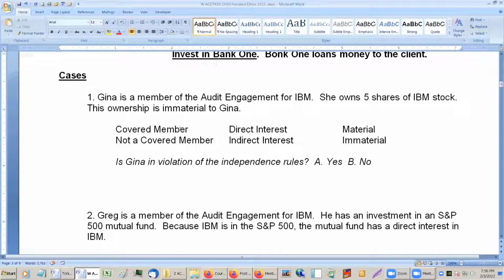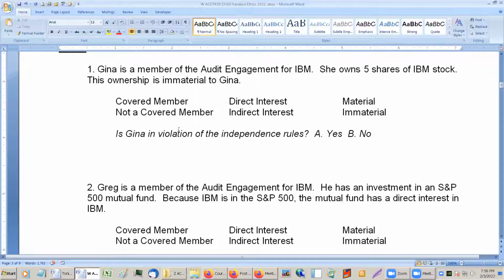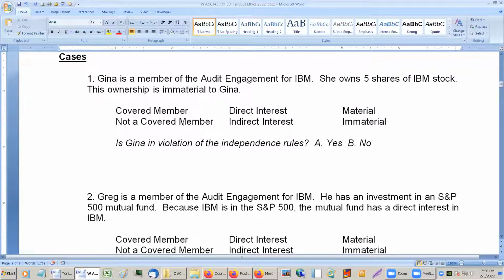Okay, Gina is a member of the audit engagement team for IBM. She owns 5 shares of IBM stock. This ownership is immaterial to Gina. Is Gina a covered member? Yes. Is the interest direct or indirect? Direct. Material or immaterial?